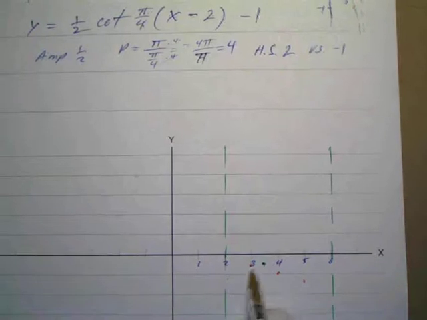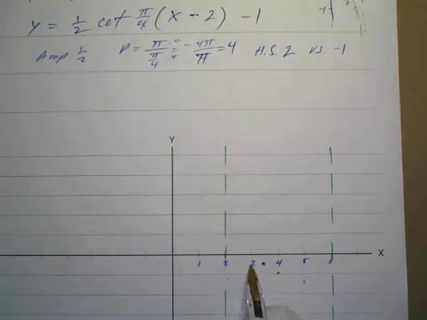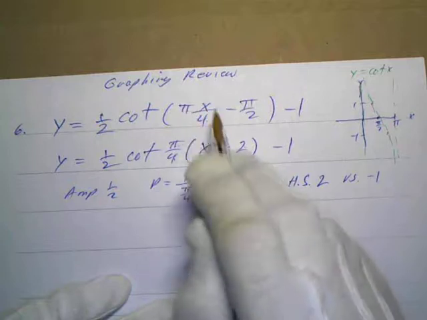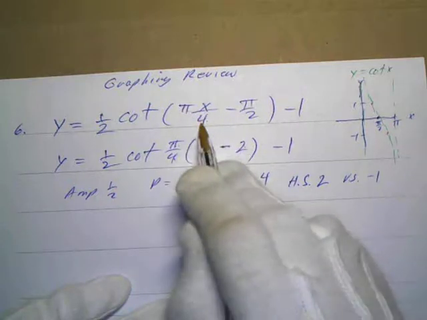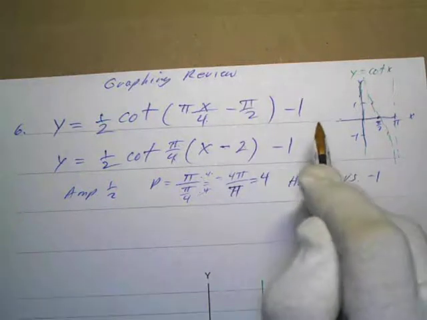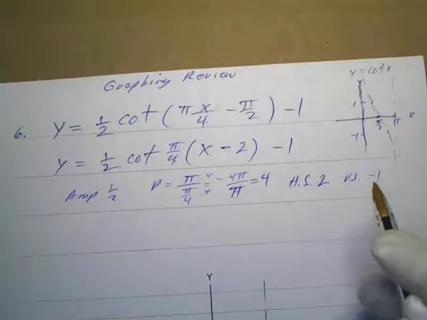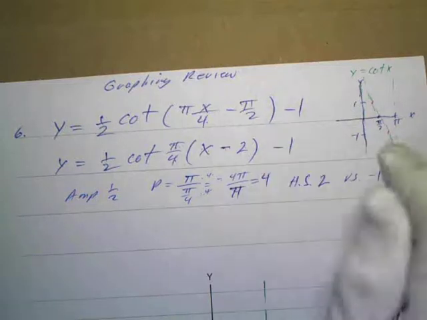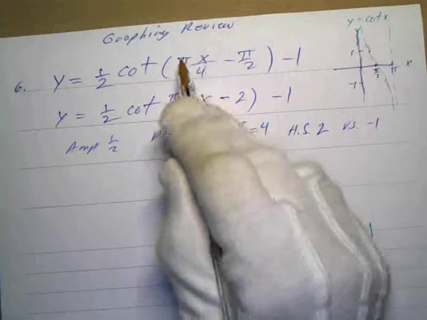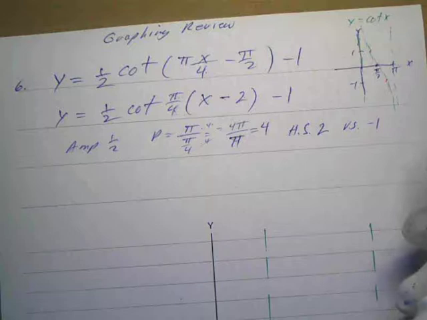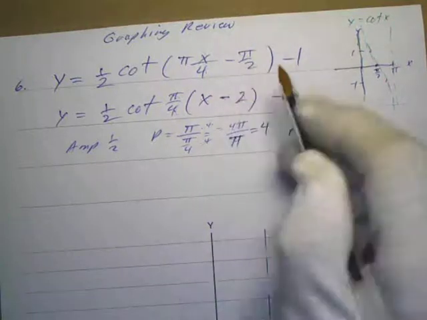Now you can put these numbers in and see, like if I put 3 in here, all right? Let's put 3 in. Then I've got 3 pi over 4 minus 3 pi over 2 times 1... if I put a 3 in here, I get 3 pi over 4 minus pi over 2, which should be pi over 4.